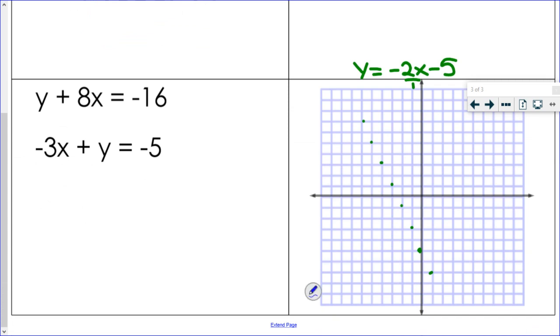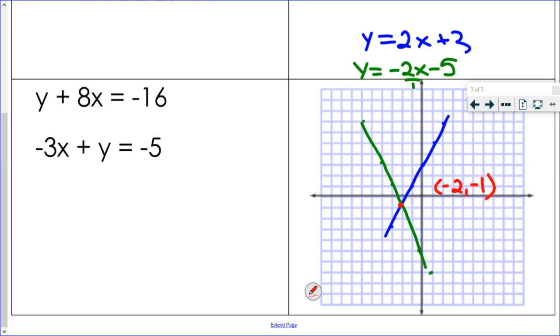So I would start up 3 and go rise 2, run 1. Ideally, don't just leave the dots. Show me with those lines where they cross. And this is the ordered pair -2, -1.